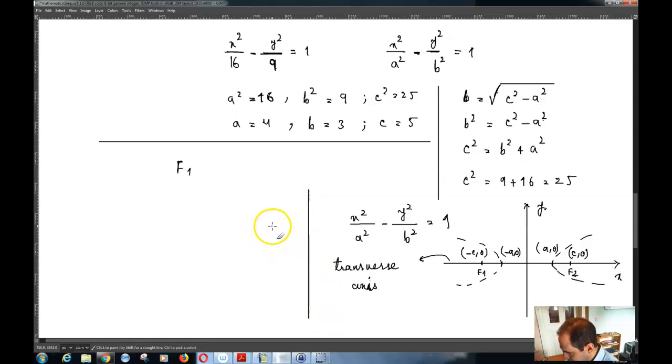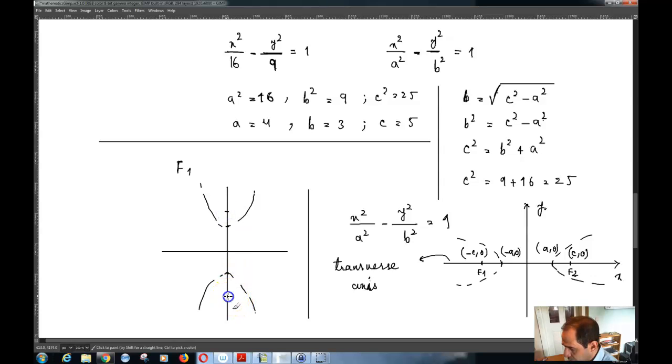And we learned another case as well, where we align the transverse axis, which contains the foci and the vertices, along the vertical axis, in which case you would get something like this. Then these would be your foci, F1 and F2.